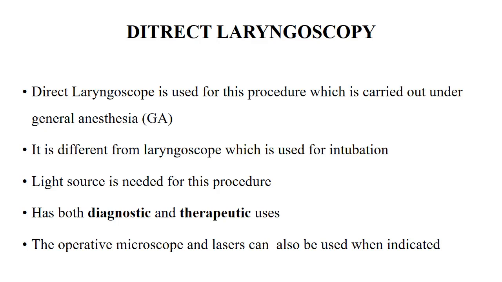Although the laryngoscope we have just discussed is also a rigid instrument and we can visualize the laryngeal structures directly, the difference is that direct laryngoscopy can only be done under general anesthesia, and the direct laryngoscope can become self-retaining and fixed in place with a stand, freeing the surgeon's hands for microsurgery.